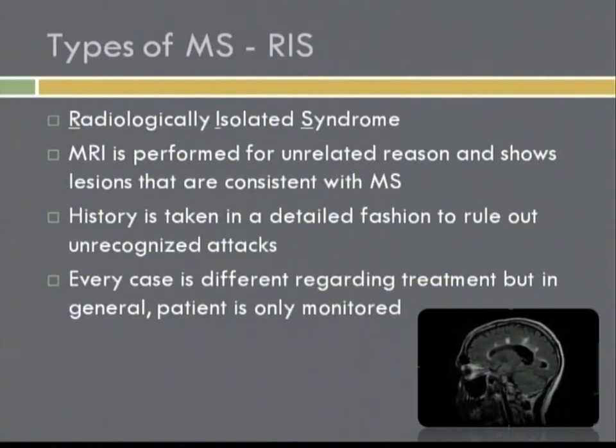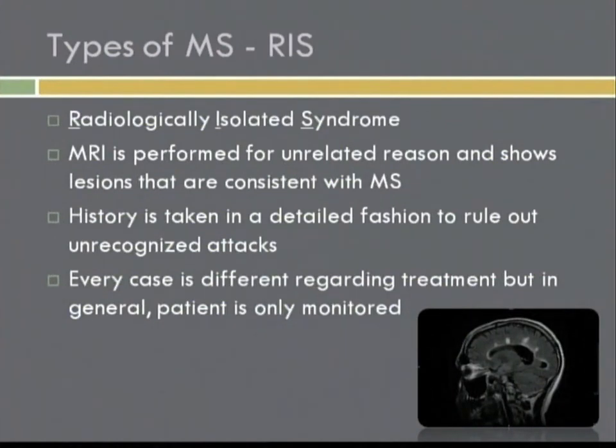And so how is MS classified, and what are the types of MS? So this is a big question, of course, and when patients come to us, that is one of the most common things they say: what type of multiple sclerosis do I have? And the way that I describe the different types of MS to patients is that it's a continuum. And the example I usually use is the flu.